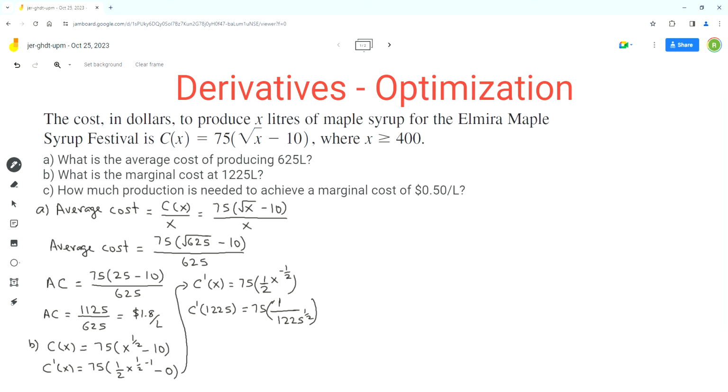Now a term with exponent half means that we have to find the square root of that term. In the next step we'll find the square root of 1225. So we get 75, and sorry, there's also that 2. That 2 goes under the 75, so we get 75 over 2 times 1 over, now the square root of 1225 is 35.